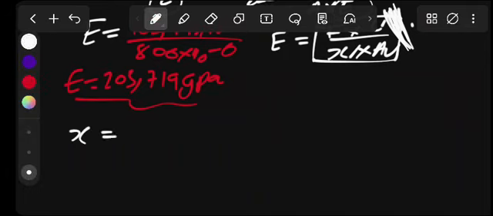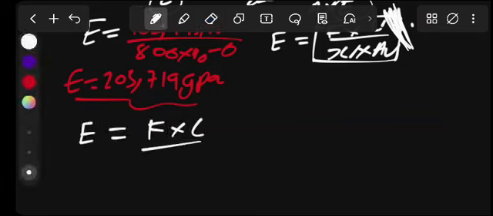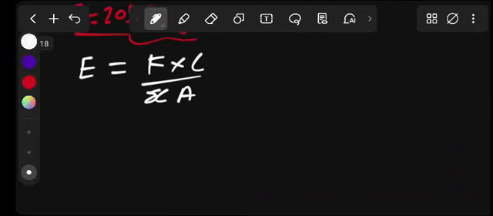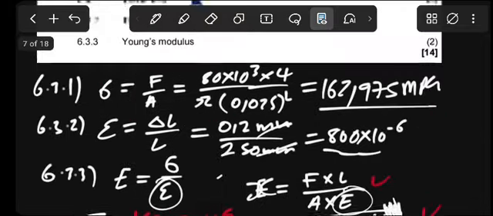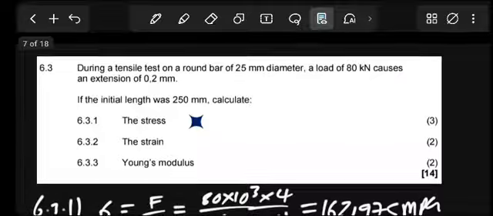where is that formula that says X will be force multiplied by length over Young modulus. Young modulus again is given by force multiplied by length, over extension multiplied by the area. Let us check this one again. The force we have given in the beginning there, it was 80 kilonewton.